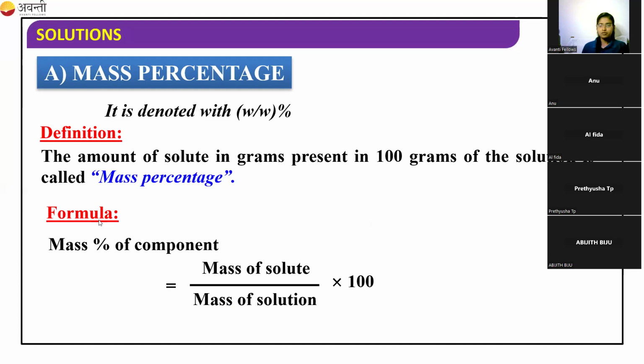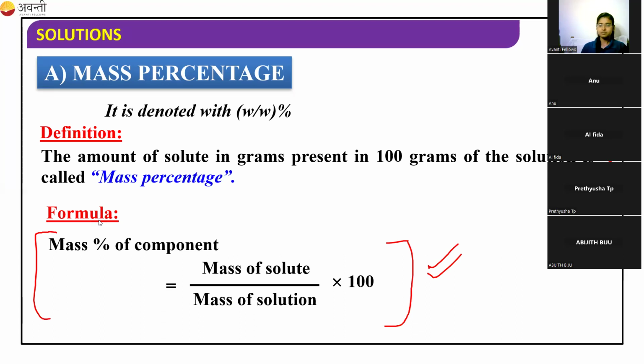Either you memorize this formula or study this definition or this formula. I would suggest you go for this formula so that you will not get confused. But you should be able to write this definition also if the mass percentage definition is asked in your school exams.